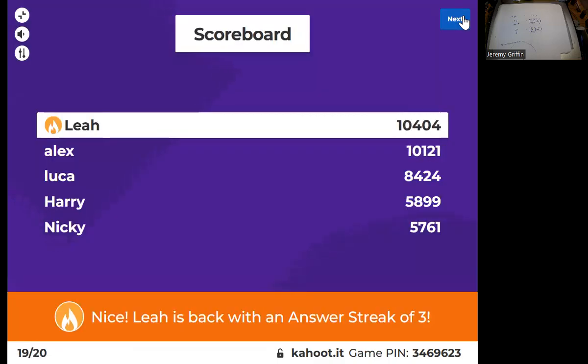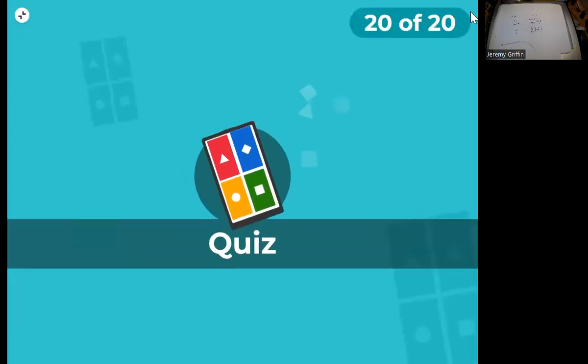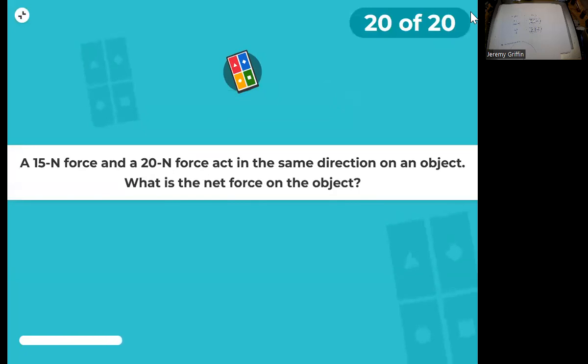All right, Leah is on fire. Number 1, going into the last question. A 15 newton force and a 20 newton force act in the same direction. What's the net force?